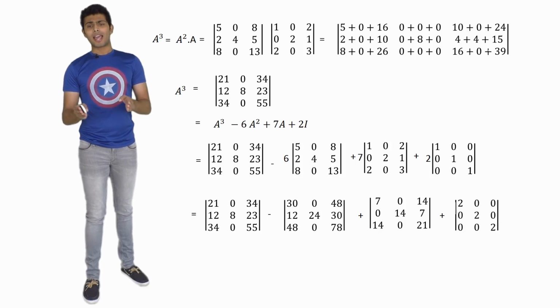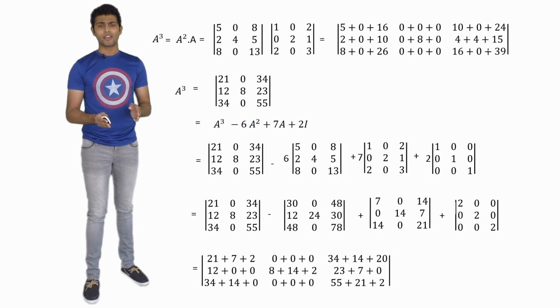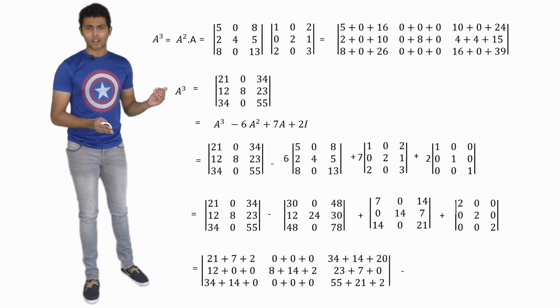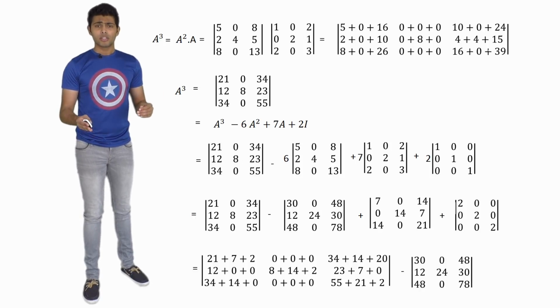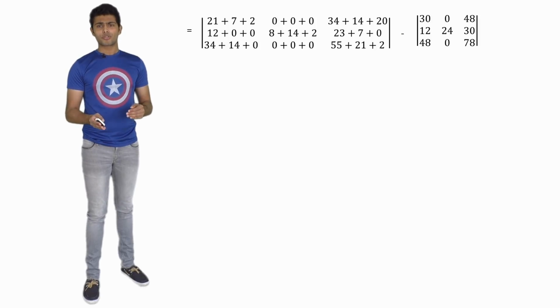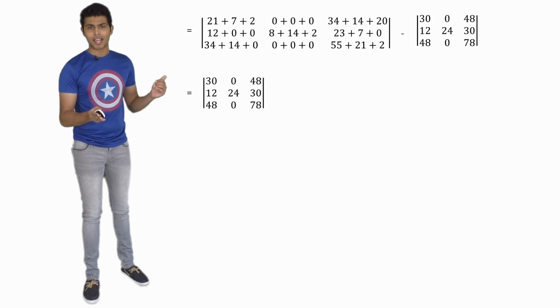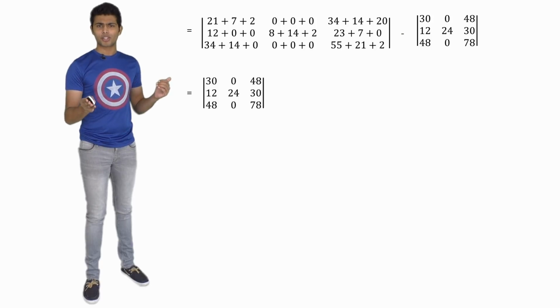First we're going to add all the matrices together, and then we're going to subtract. On adding all the matrices, we get this matrix over here, minus the other matrix, which is 6A square. So first add the matrices. On adding, we get this matrix which has the values 30, 0 and 48 in the first row, 12, 24 and 30 in the second row, and 48, 0 and 78 in the third row.